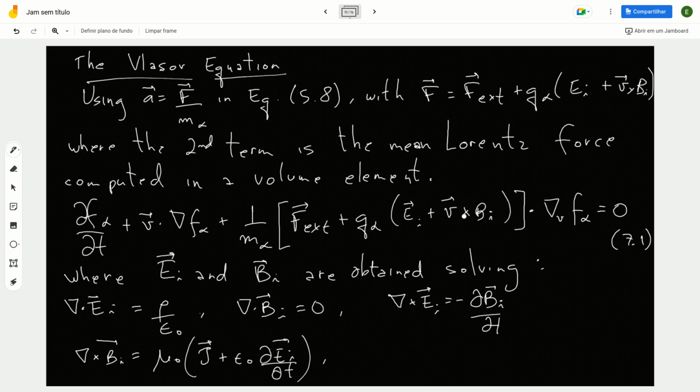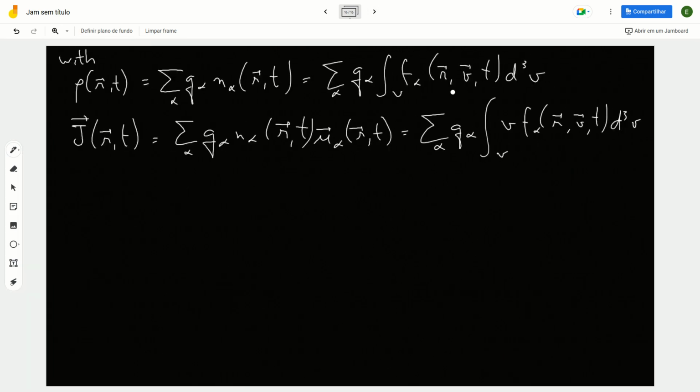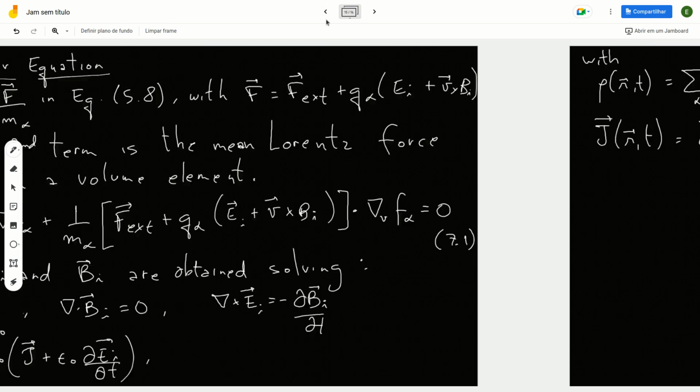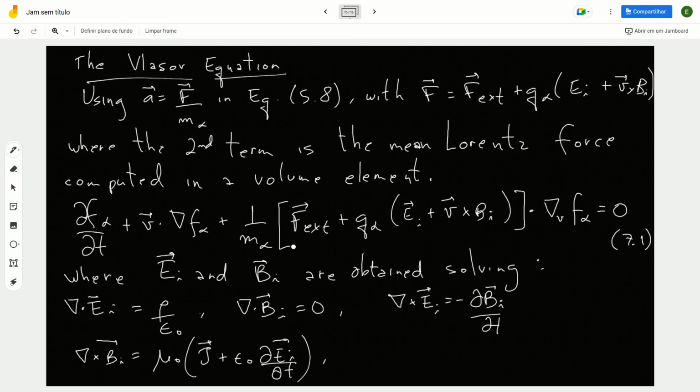So it may relate different elements here. It adds a level of complexity to these equations. So you have to solve all Maxwell's equations and all these equations as well. So it's really heavy, depending on the number of elements you have in your phase space.